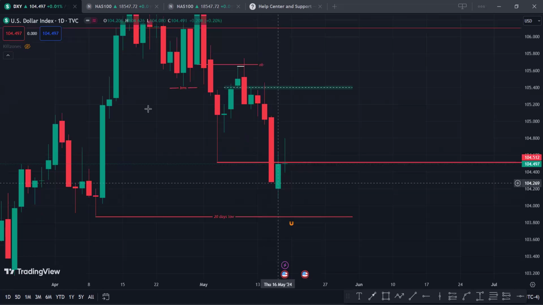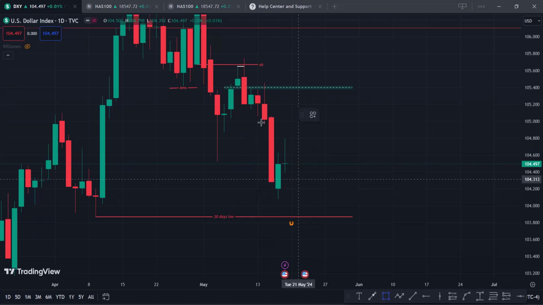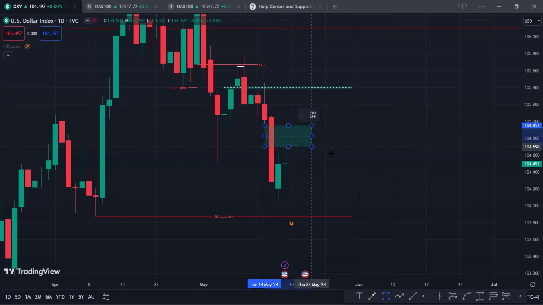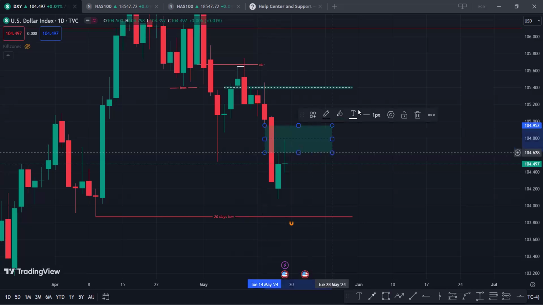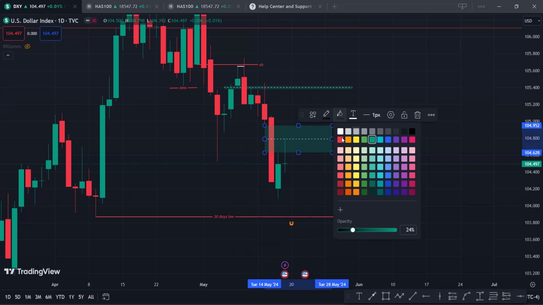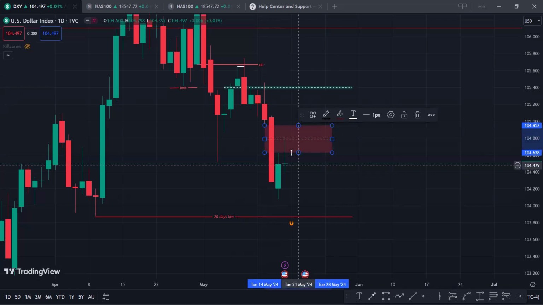So looking at dollar index from monthly to daily, we can see that we are heavily bearish, and we have our institutional level to be attacked, to be precise, previous 20 days low. And now currently we can see the market perfectly rejecting off of this fair value gap.